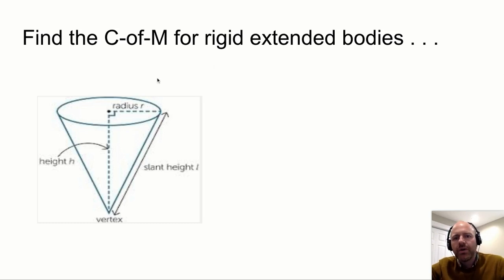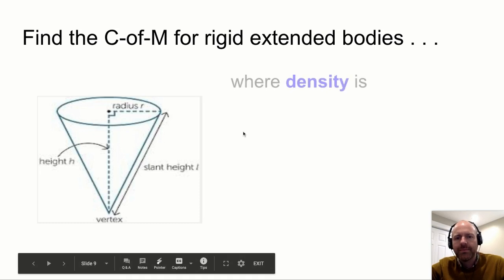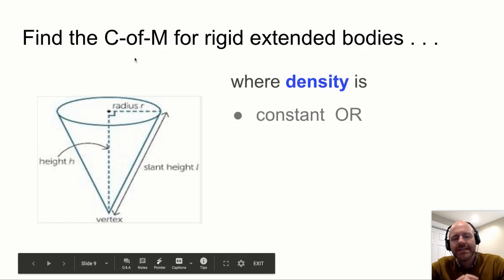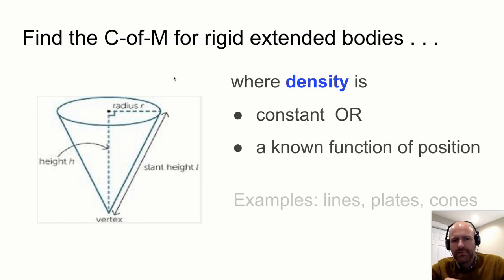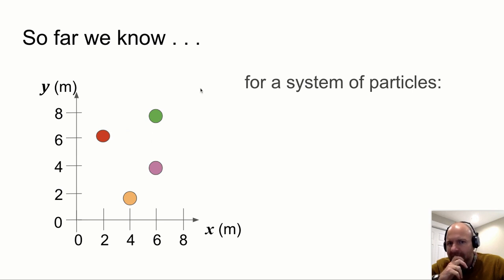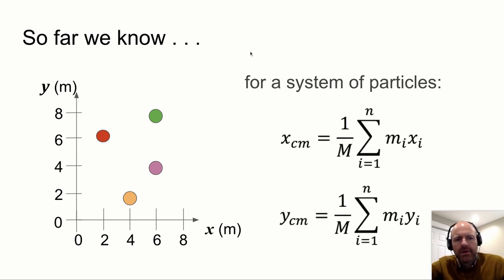If you look at this cone, it's probably pretty obvious that if the density is constant, or if it only depends on a known function of position, we can figure out the center of mass by adding up all these little pieces. Lines, plates, cones, etc. work on this. We already know that for a system of particles, you can add up the individual particles discretely.